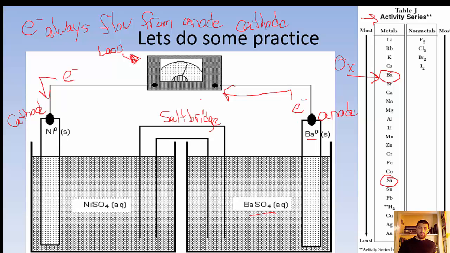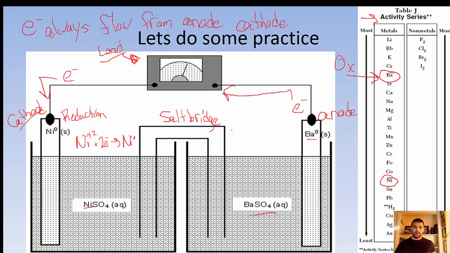All right, so I got electrons going this way. You start at the anode, electrons are lost there, and go through the wire and through the load on fire. They enter the cathode and reduce the cations. So we got reduction going over here. What's being reduced? It's the nickel 2+ ions being reduced by gaining 2 electrons, becoming the nickel metal, Ni0.